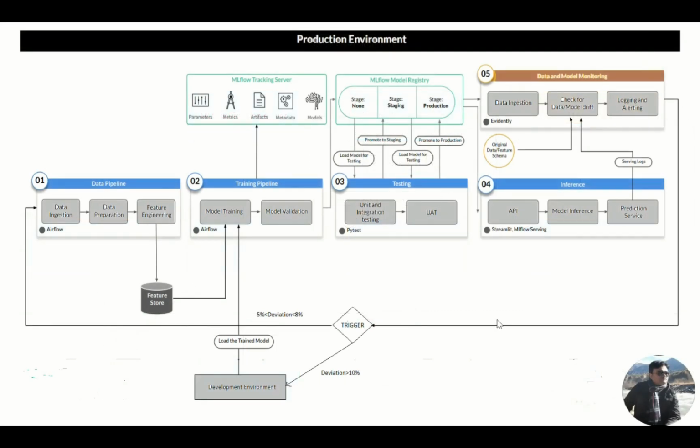This is the comprehensive view of the diagram we created in the previous slide. Here we can see the broader view of the data pipeline, training pipeline, testing pipeline, inference pipeline, and data monitoring pipeline. Inside the data pipeline, we can see different stages like data integration, data preparation, feature engineering, and training. We have different stages like model training and model validation. In the testing pipeline, we do unit and integration testing and UAT testing.